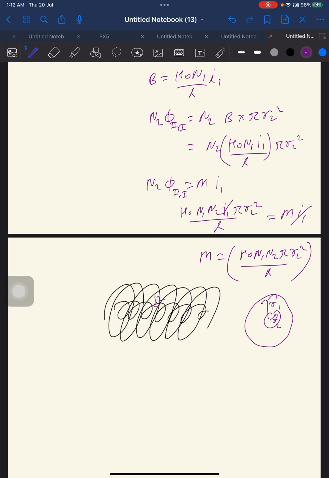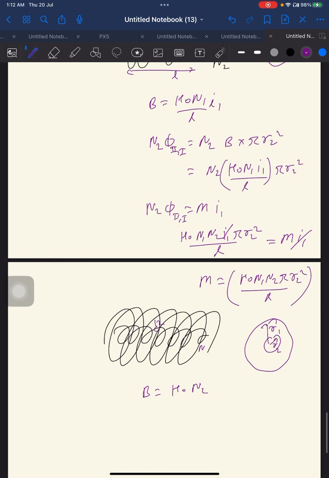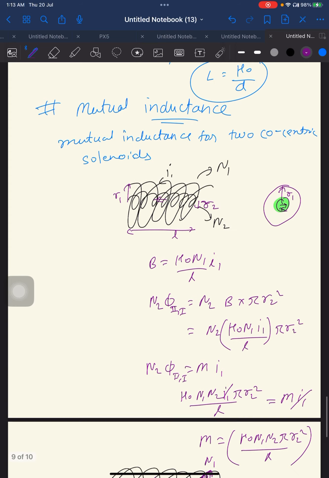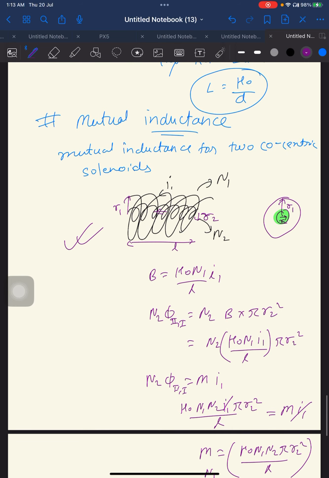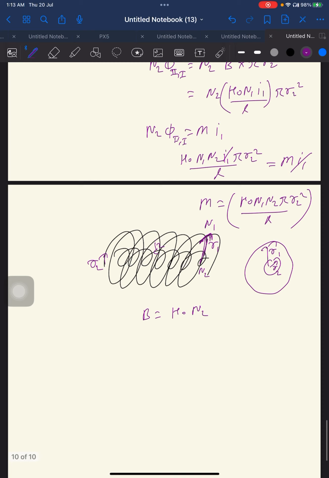Because of the current I2, there will be some magnetic field. How much? B is equal to mu naught N2. This smaller coil has N2 turns and the bigger coil has N1 turns. Radius of the bigger is R1 and of the smaller one is R2. We have already written this information just above. So mu naught N2 by L, where L is the length of this, into I2. This is the magnetic field.